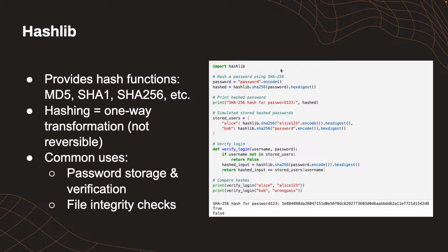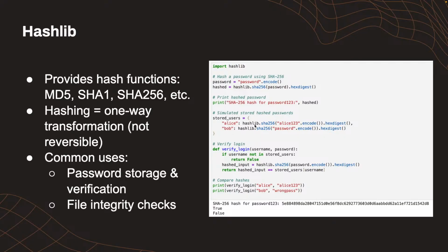So in Python, you can just import hashlib. You have to use encode to make sure it's converted properly. You can just use hashlib.sha256, put a password variable in, print it, and it prints a hash like this. Then, for example, if you want to simulate some stored hashes, you'd probably do this in a database.